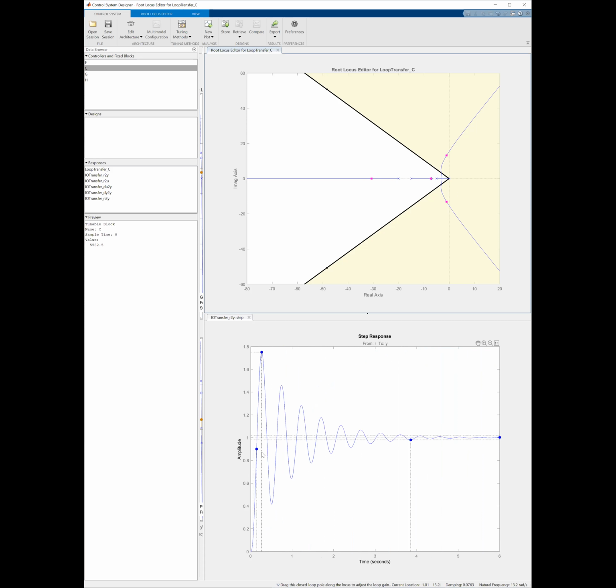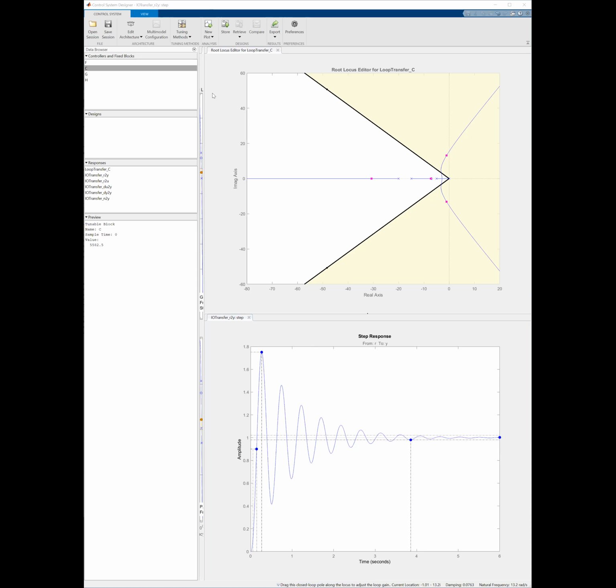So in this particular case, as you can clearly see, right click, design requirements, characteristics, new, you can actually add the design requirements on the step response.